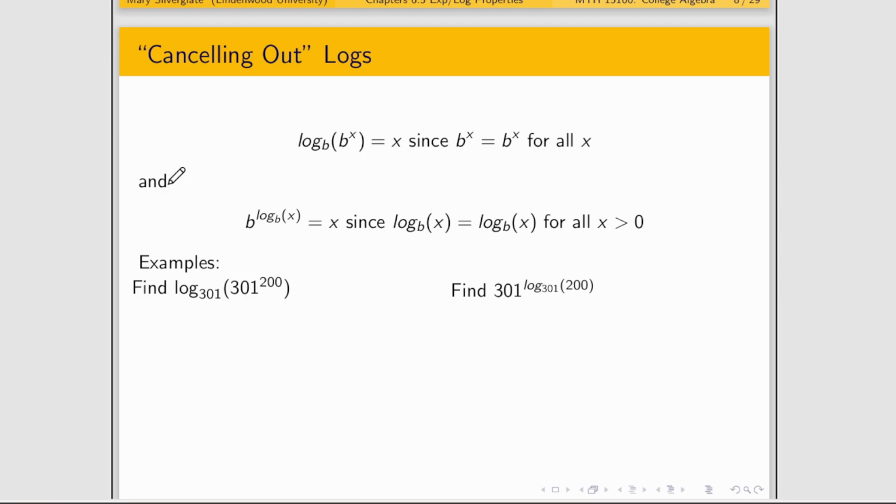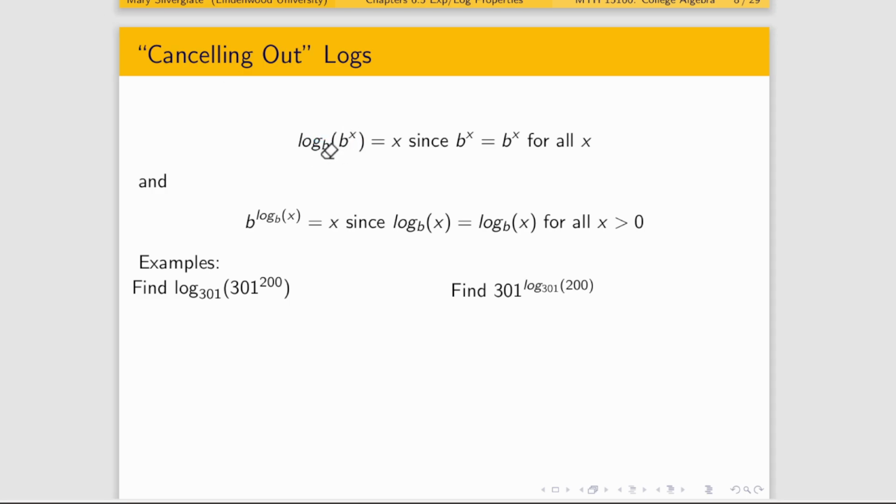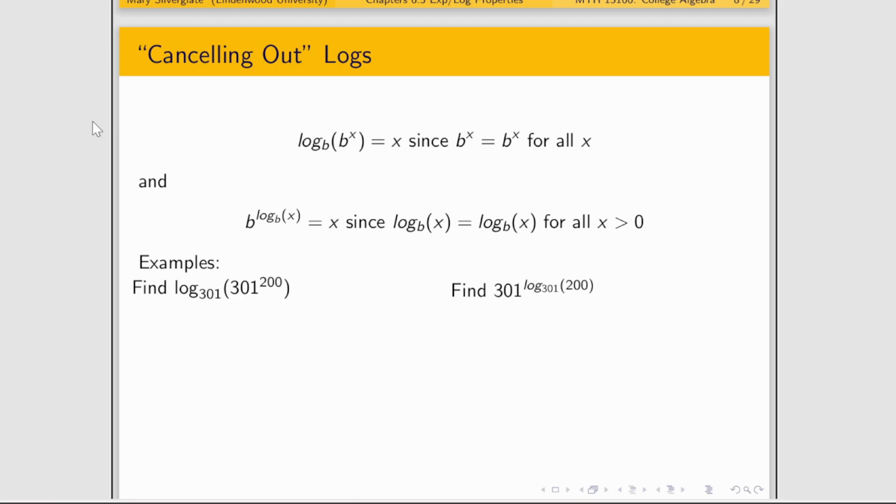And there are a couple of other ways that we can think of logs quote-unquote canceling out. We talked about this a little bit in the previous video. If I put an exponent inside my log of the same base, if I have log base b of b to the x, we effectively have canceled that out to be left with just x. But let's actually convert that to see why. This is an example like the first one we have here: log base 301 of 301 to the 200th power.